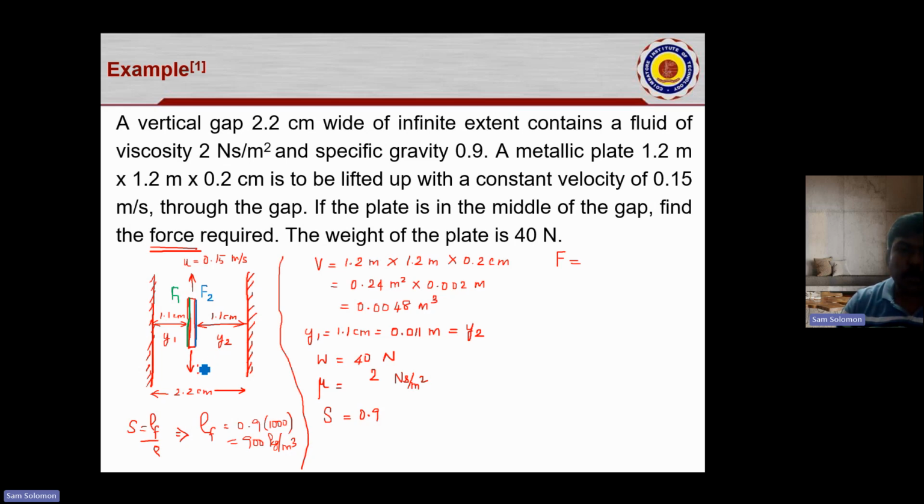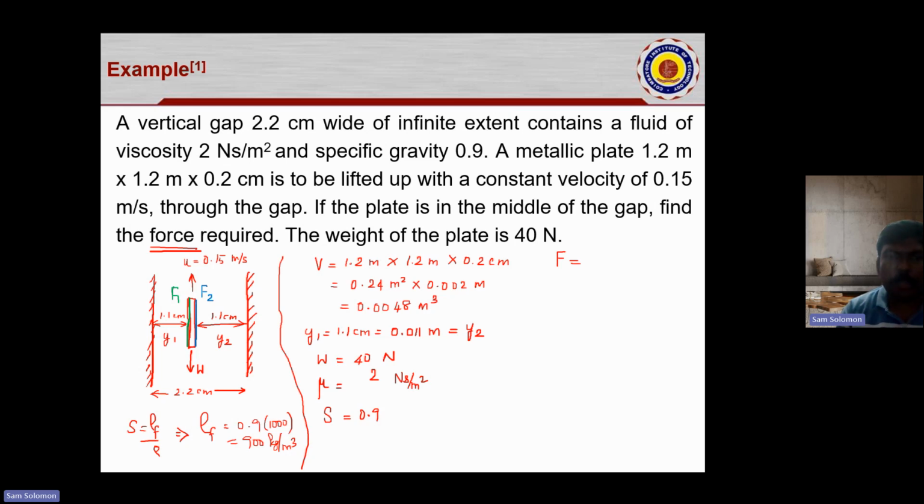So this weight will be balanced by, or counteracted by, the buoyant force, which we'll be studying a little bit later when we talk about fluid statics. And there we will see that as the hydrostatic law. So the buoyant force opposes the weight of the object that tries to settle down.